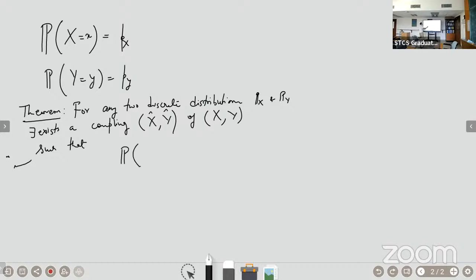Probability that x hat is not equal to y hat is equal to 1/2 times p of x minus q.